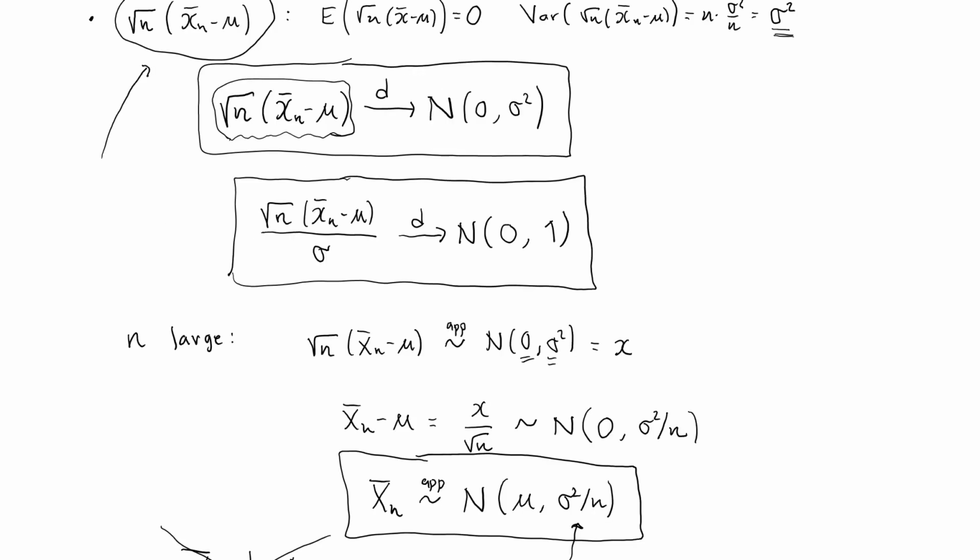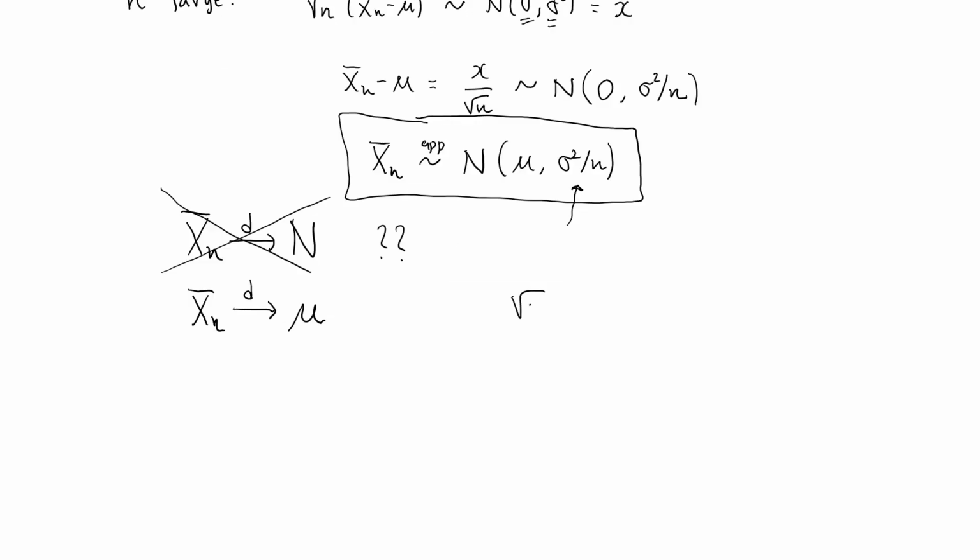In the central limit theorem, we absolutely need this square root of n factor for convergence in distribution to a normal to happen. Basically, what's happening is the following. This parenthesis here tends to converge to a constant. The distribution of Xn minus mu will eventually become a spike around 0.